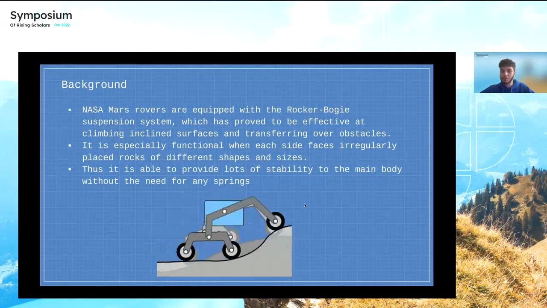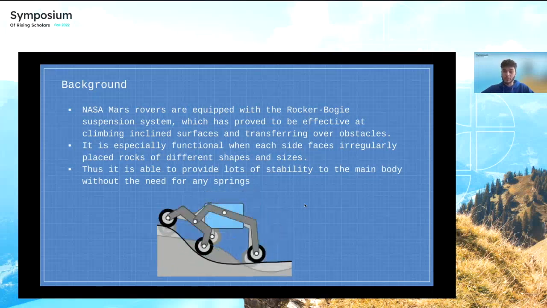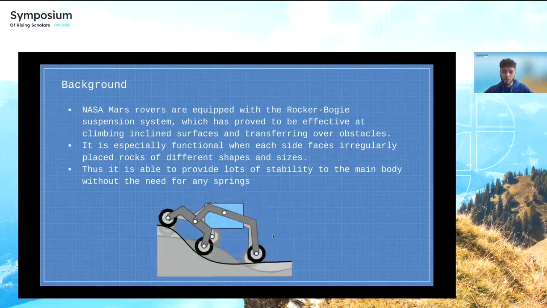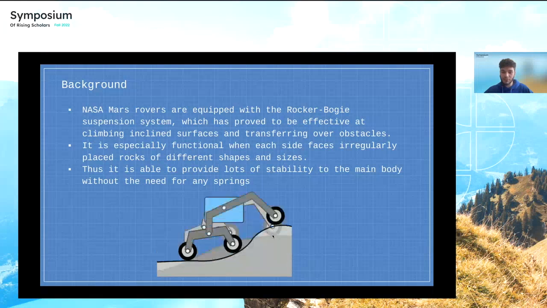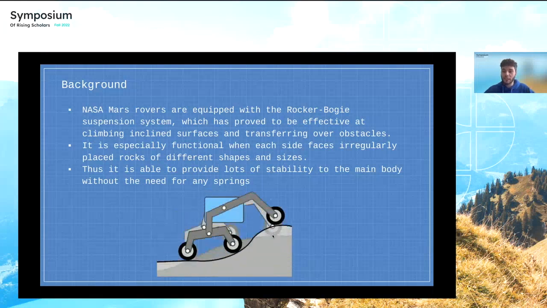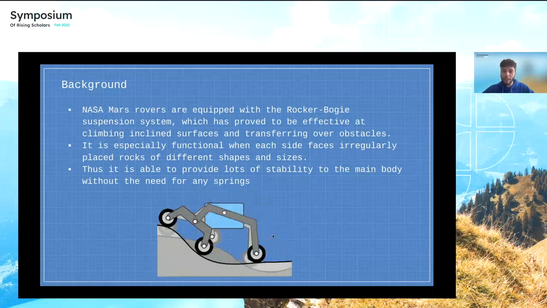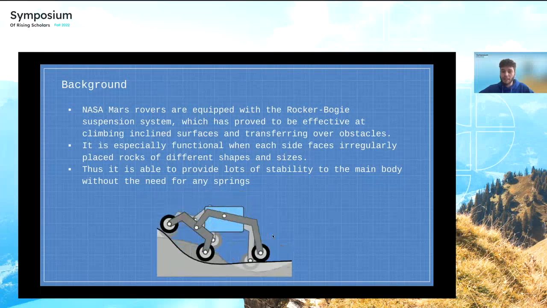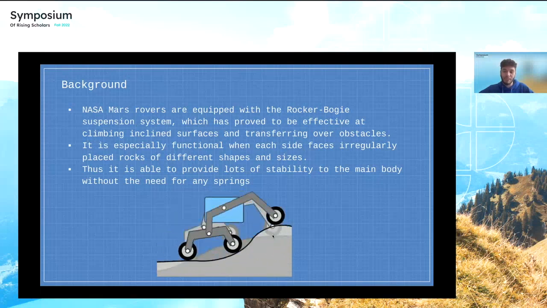And one of its biggest advantages, as you can see, is that both sides of the rover do not really have to be on level surfaces. It's super, super flexible. So if the right side goes over a rock, it's fine. The center of mass will still remain stable, which is why this is a really superior design.